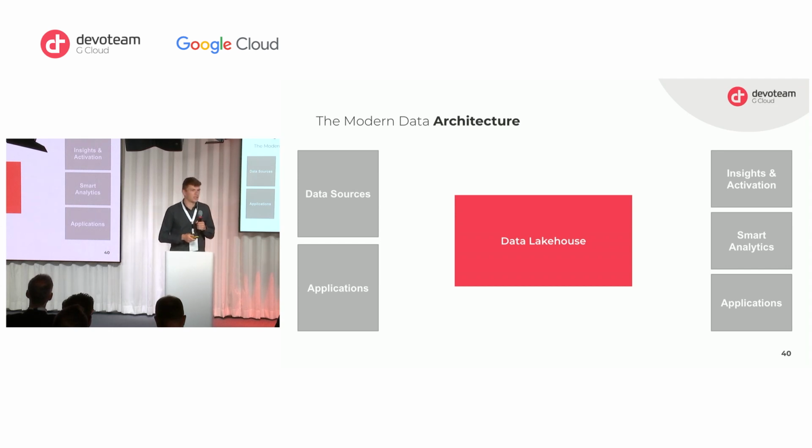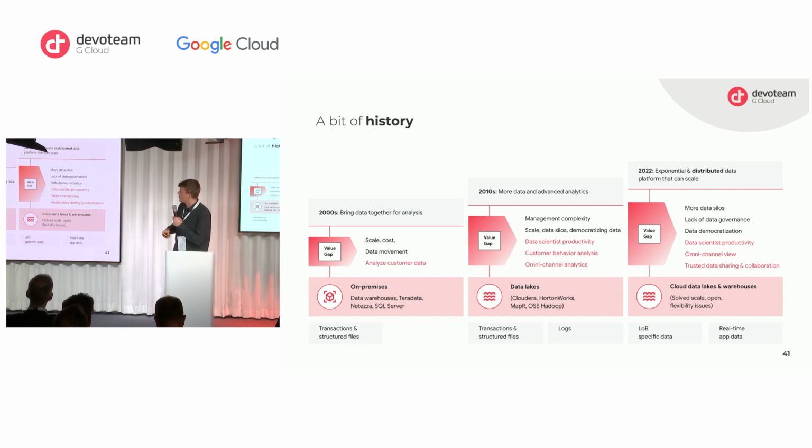Now, this is maybe a bit of a new term. If we look back in history, first we talked about data warehouses. Organizations started to understand we need to bring data into one place and query it using SQL engines like Teradata, Netezza and SQL Server. Those were usually on-premise.